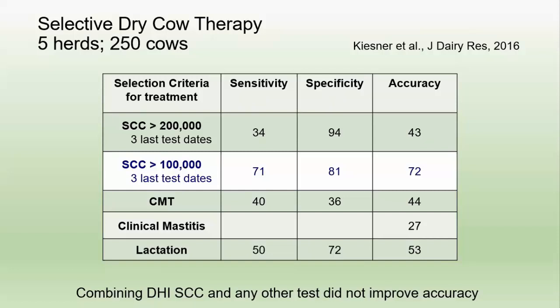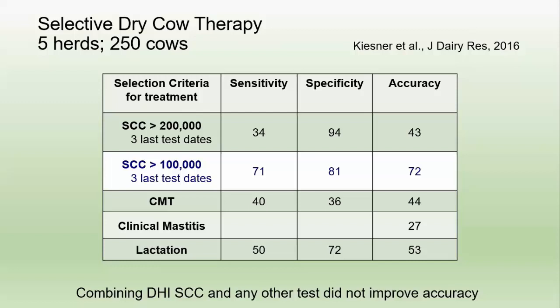In this study, as you look at the table, there was an attempt to try to select cows who would be suitable for not treating with antibiotics at dry-off based on somatic cell count. And different styles or approaches to try to identify these cows were made.